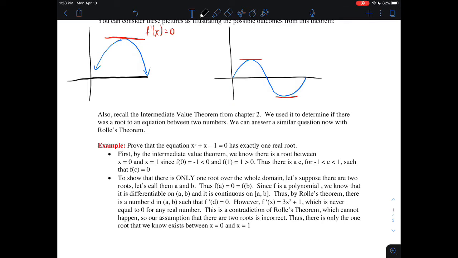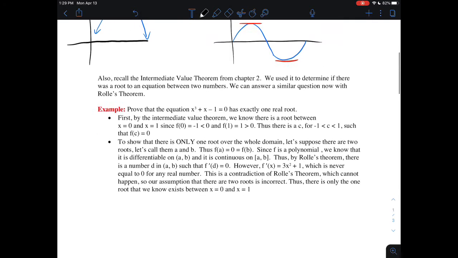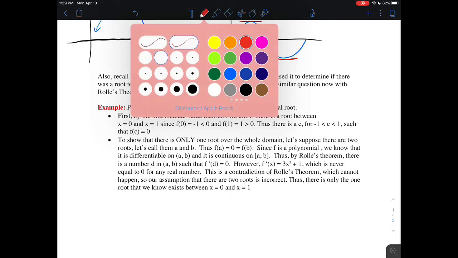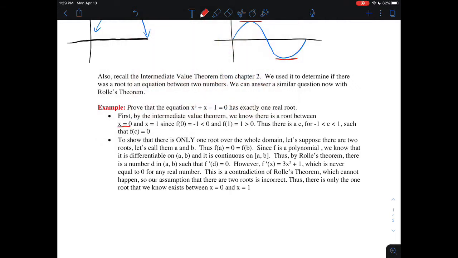So this example says, prove that the equation x cubed plus x minus 1 equals 0 has exactly one real root. So first of all, from what we learned in Chapter 2, by the intermediate value theorem, we can find a root by just taking a look at two particular numbers. So I just said, how about we look at x equals 0 and x equals 1?